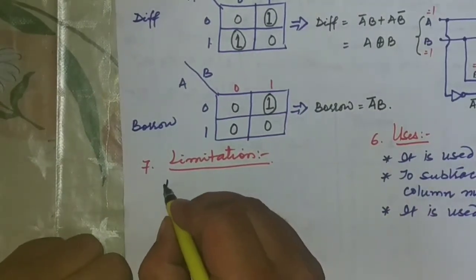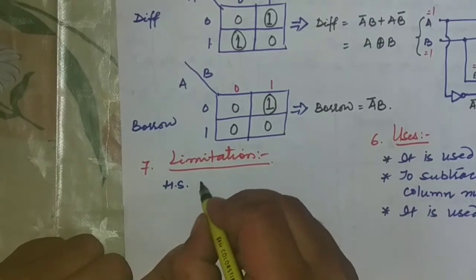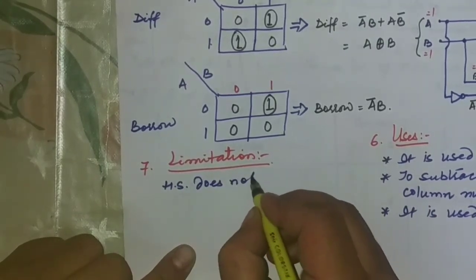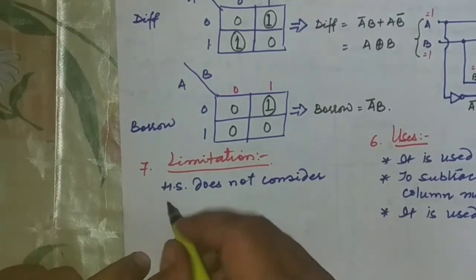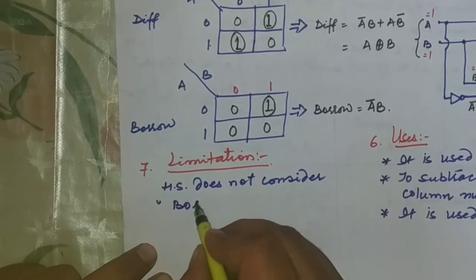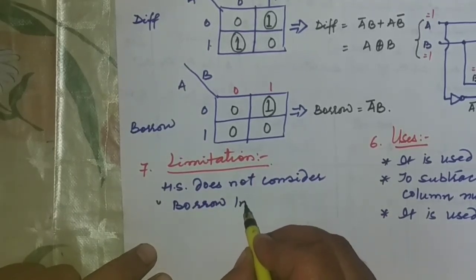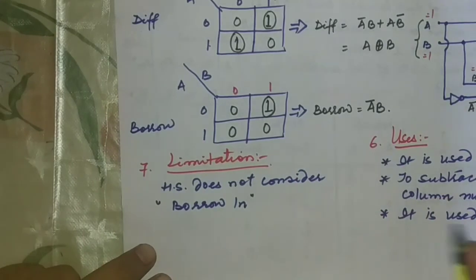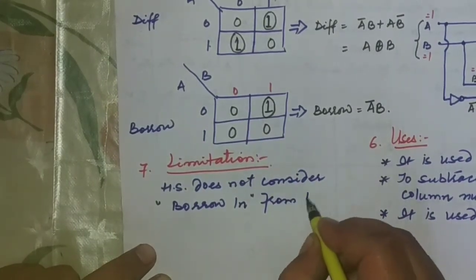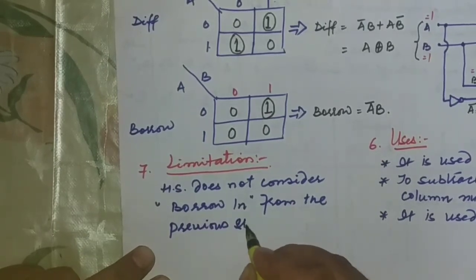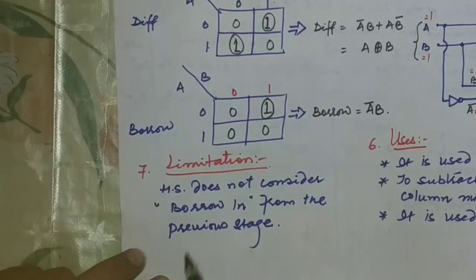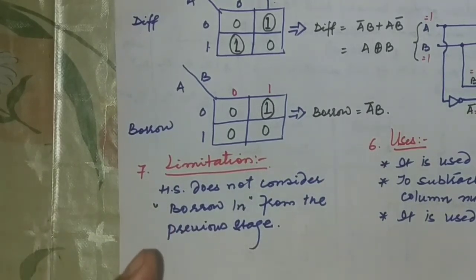The half subtractor does not take into account the borrow in, if there is any borrow in from the previous stage. So this is the limitation, that it does not consider the borrow if there is one from the previous stage.